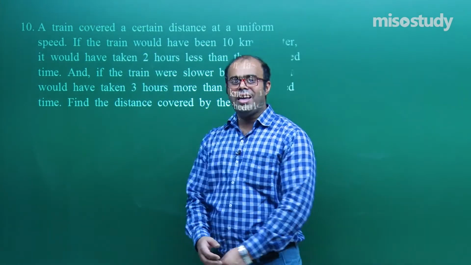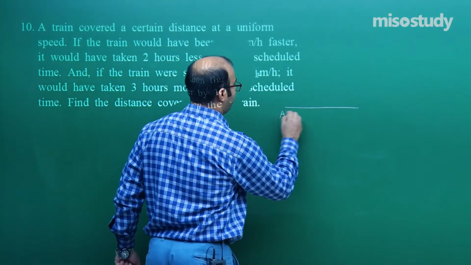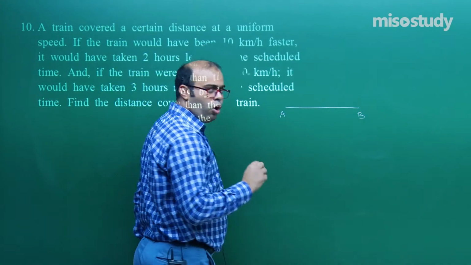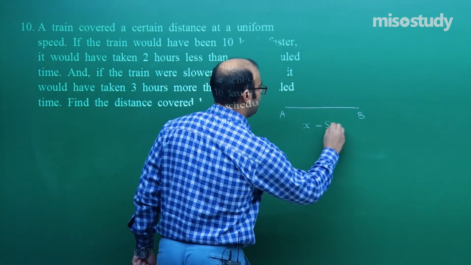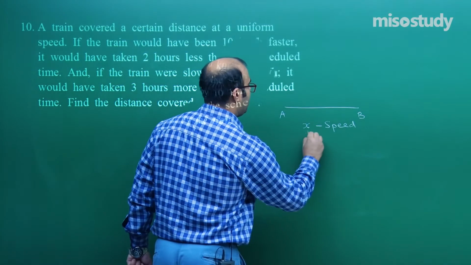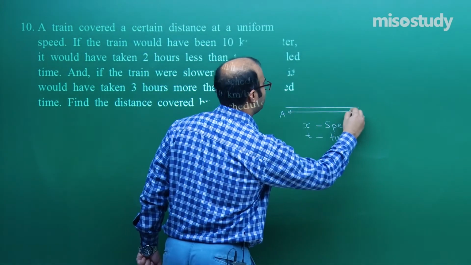Okay. So here it is said that there is a distance which the train will cover from A to B. Normally the train is taking x as its normal speed, and t as the time to cover this distance AB, which is d.